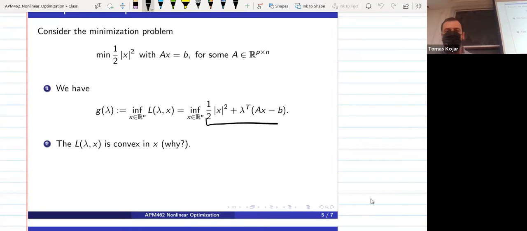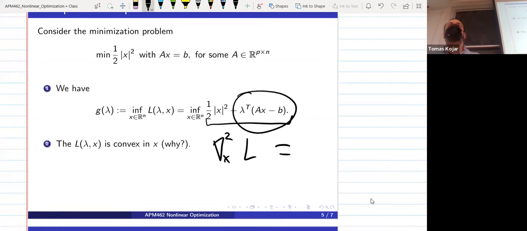I mean this guy here. Why is it convex in x? You can do it by hand, or you can tell me what the Hessian is. What happens when you take the double derivative here? Yeah, so you have a 0. And what about this guy? It's just the identity matrix.